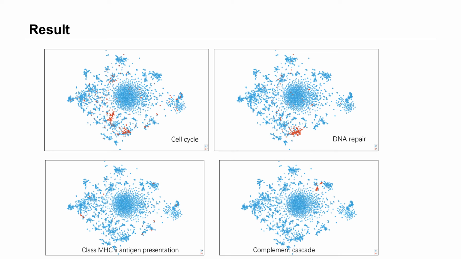There is a significantly enriched cluster of genes related to the complement cascade pathway, indicating the relatively tight and independent interaction between them.